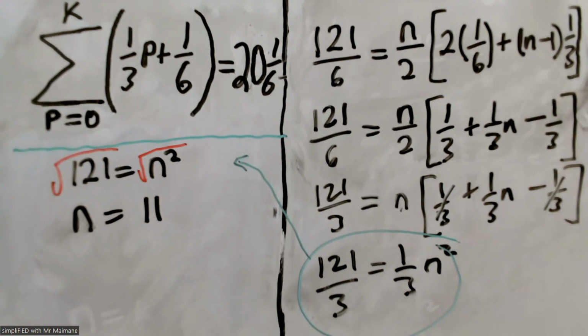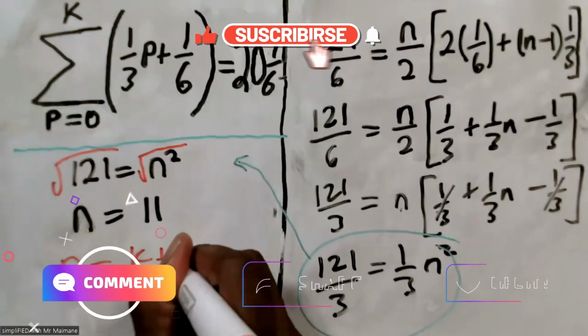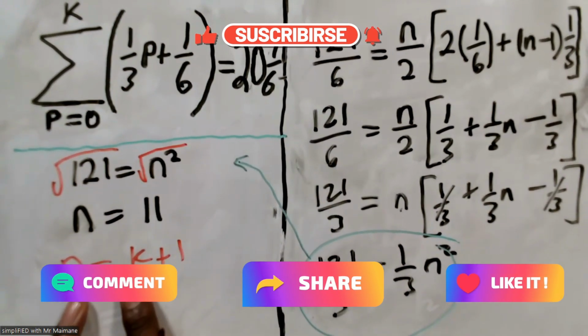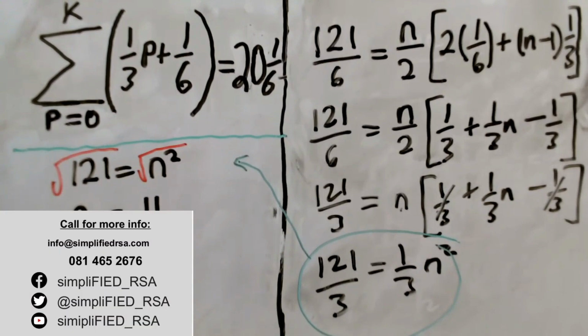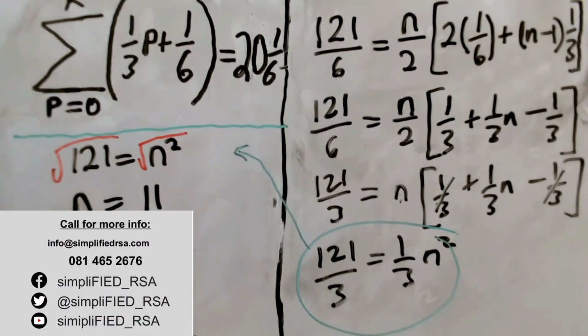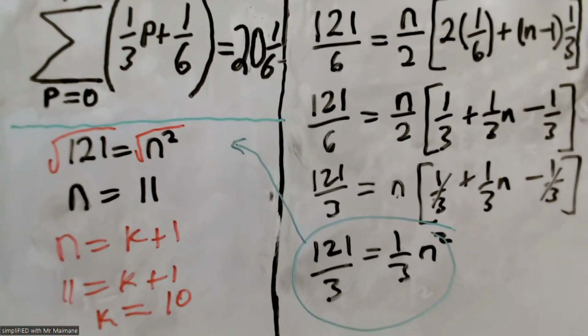And I did say, don't forget to remember that n is equal to k plus 1. If n is equal to k plus 1 and n is 11, it means if we solve for k, I take the 1 to the other side, and then I'll find that the value for k will be 10. k will be 10. So that's the value for k. So this is how you calculate the value for k for this question.